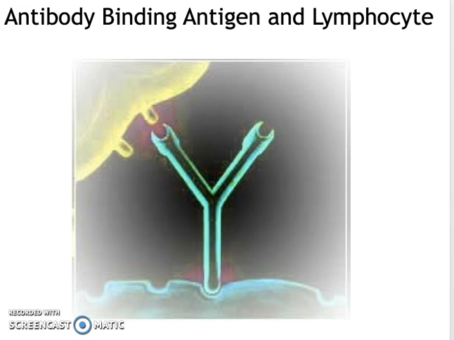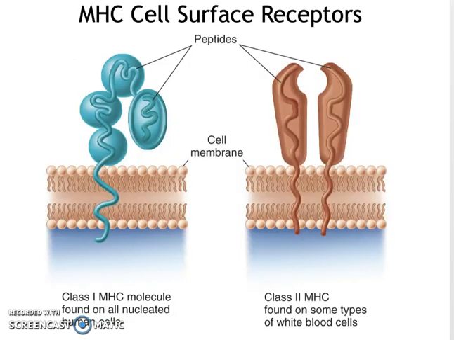Next, let's talk about the molecules known as the major histocompatibility complexes, or MHCs. There are 3 classes of MHCs, but we're going to go over only 2 of them in this lecture. The first one, MHC class I cell surface receptors, are molecules located in the cell membrane of all cells in the human body with a nucleus.